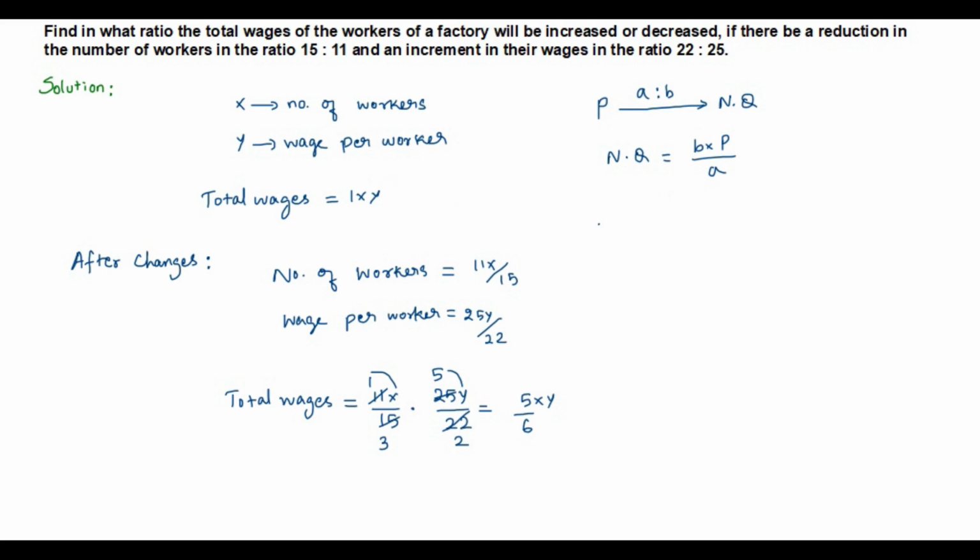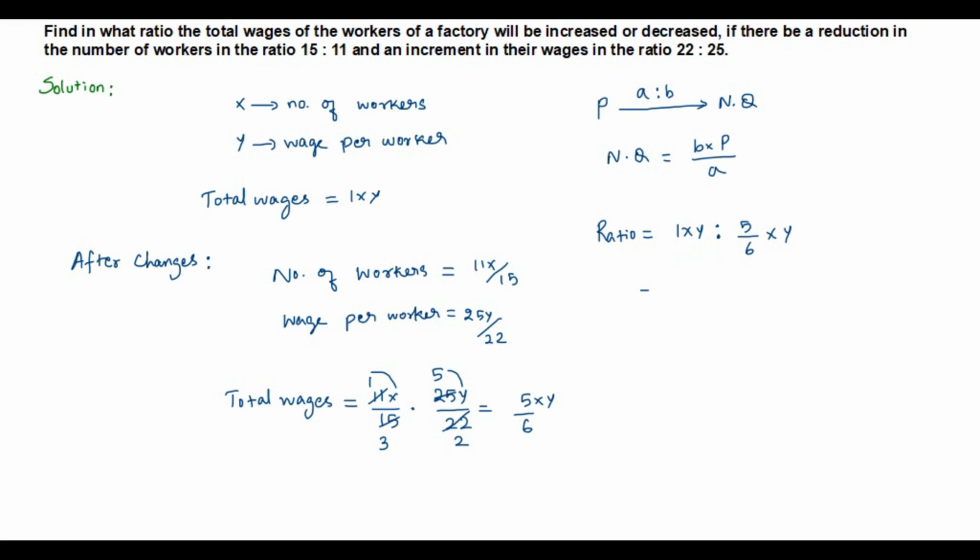Now we have to find this decrease in ratio. To find the ratio in which the total wages is going to be decreased, first we write the total wages before changes, that is 1XY is to, and now we write the total wages after changes, that is 5 divided by 6 XY. Now we have to simplify this ratio. As the first step, I try to remove the denominator 6.